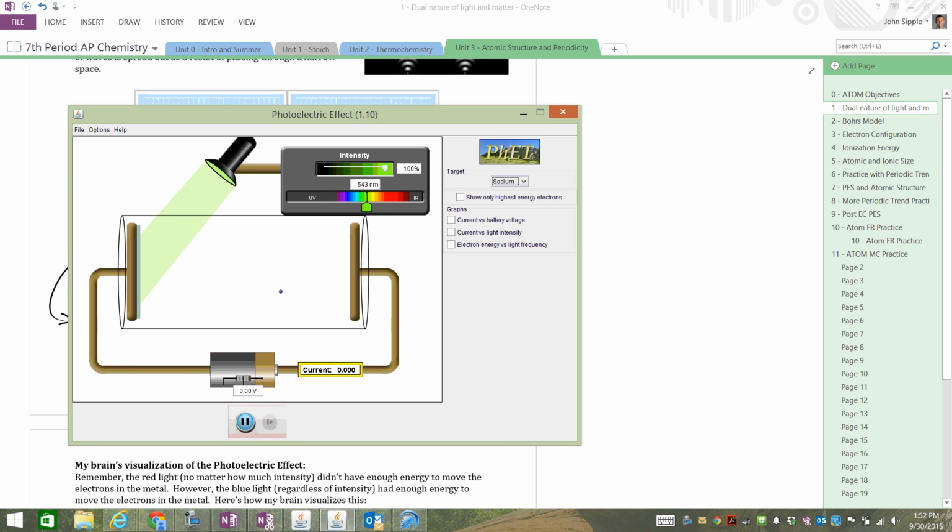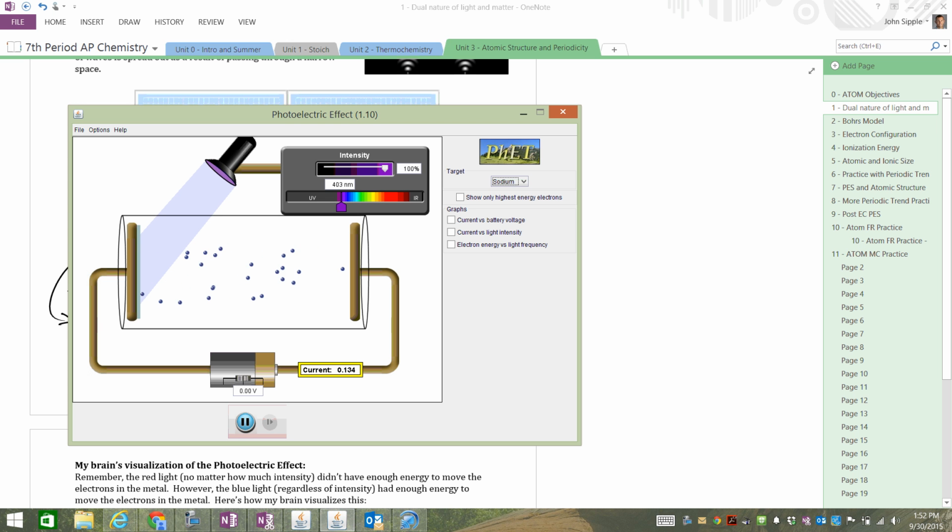Right now I've got green light at 100% intensity, and the metal is that little gray part right there. That's sodium. What I'm going to do is change the wavelength of the light, moving it more down towards the ultraviolet-blue area.